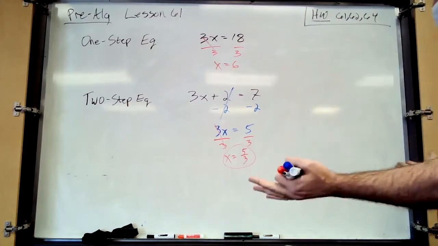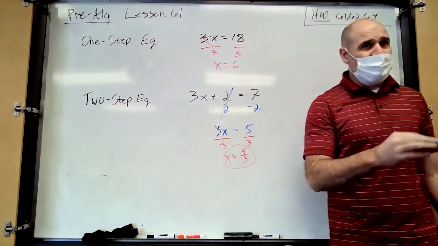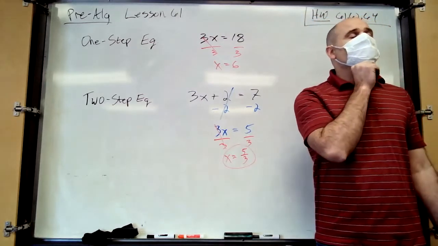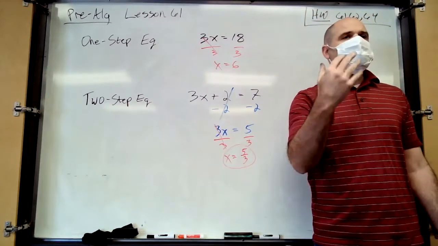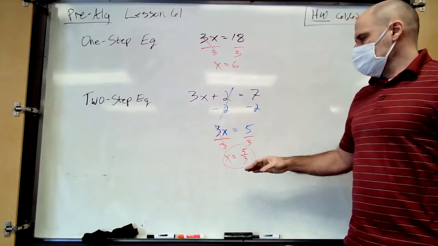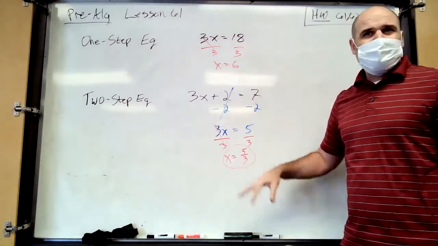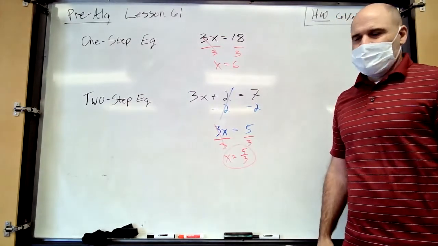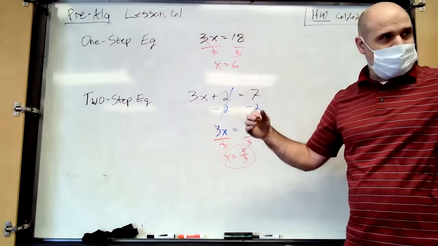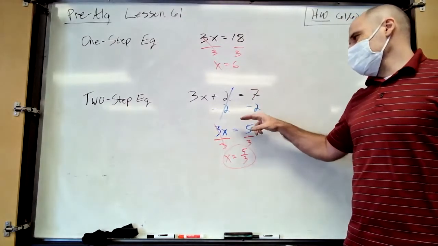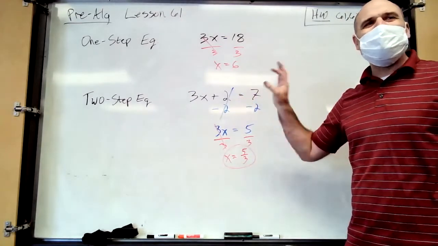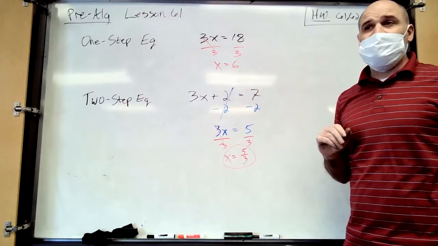I know you're still trying to do the math. Technically, we're doing math, but you need to start thinking algebraically, because if you try to do the math, it's going to get more and more complicated. If you solve this by just getting rid of stuff, then it's going to be a lot easier.